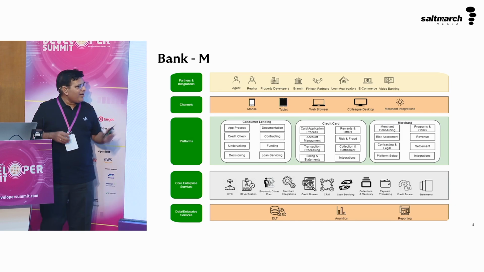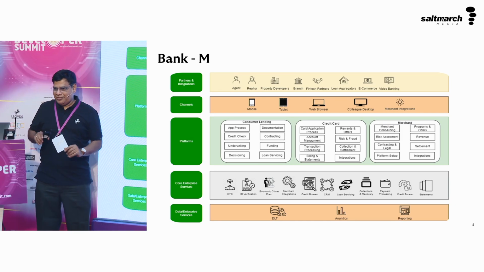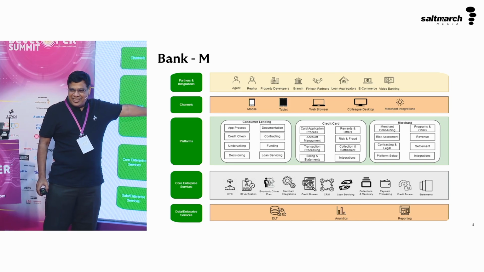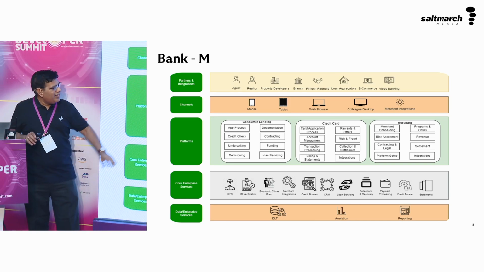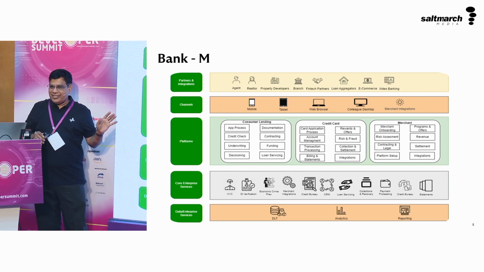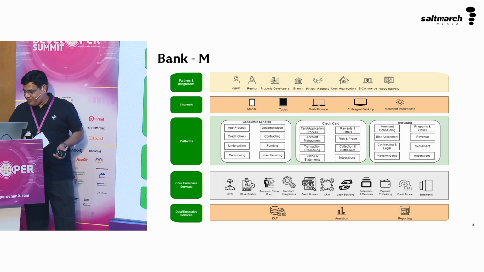Okay. So, just a quick check. Say you have a bank like this, where all your platforms are monoliths. Customer lending runs a web service, your credit card runs a web service, your merchant runs a web service. So this is one bank.